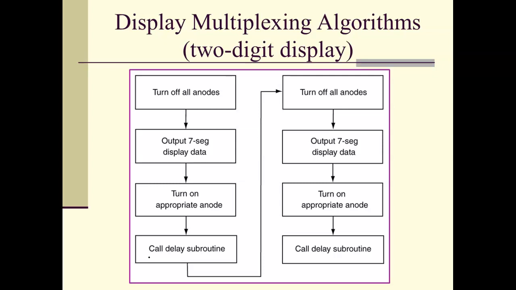Remember, I have two things out there: the anodes, which are essentially a switch, and the cathodes, which are the segments. The first thing I want to do is turn all the displays off, and then write my seven-segment display data to the output registers, and then turn on the appropriate display.